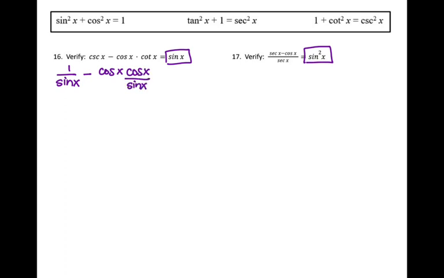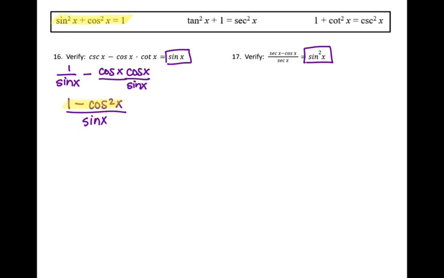Now, I can go ahead and extend this fraction bar all the way across because you are multiplying. Lucky for us, our denominators are already the same, so I don't have to worry about getting a common denominator. So I have 1 minus cosine squared of x over sine of x. Now, I notice I have 1 minus cosine squared up here, and I'm going to rearrange it again.